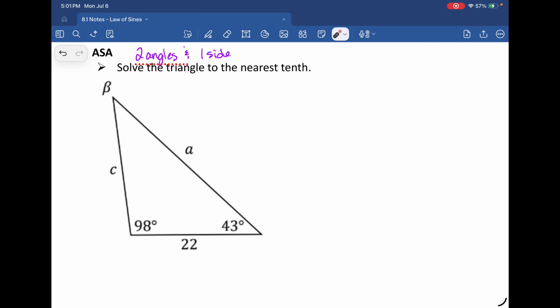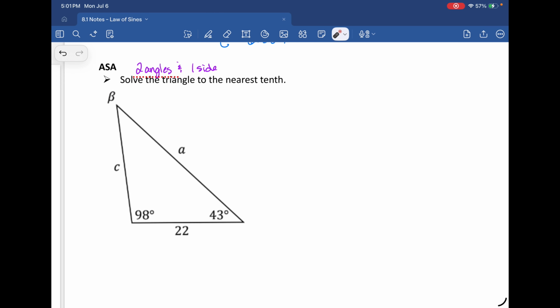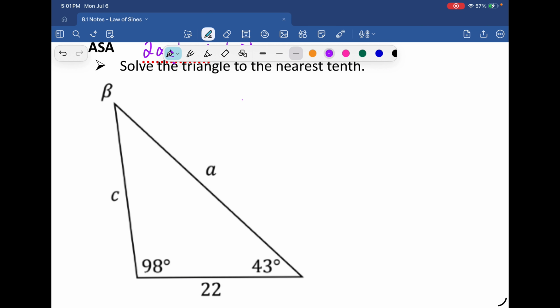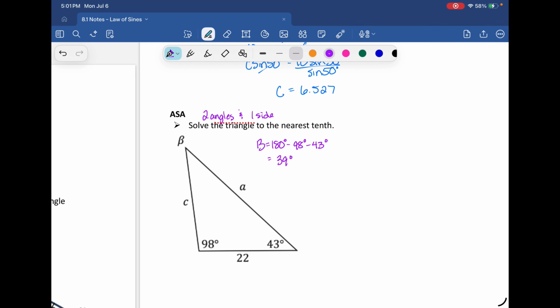I'm missing angle B, so just like I did on the previous example, I'm going to find angle B by doing 180 minus 98 minus 43. I'm doing this in my phone calculator. Equals 39 degrees.